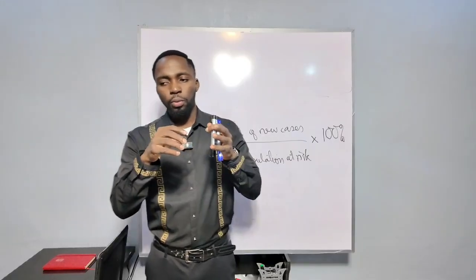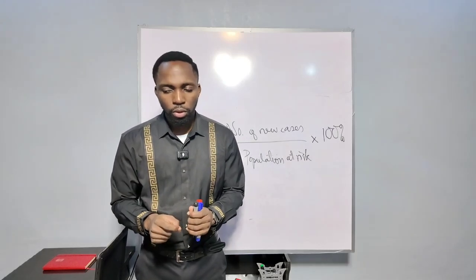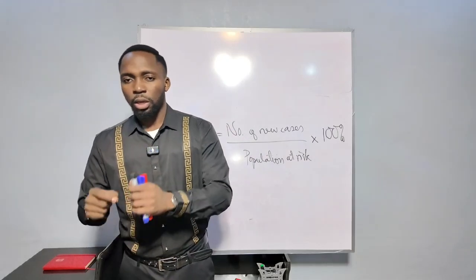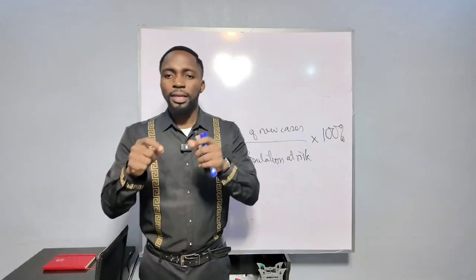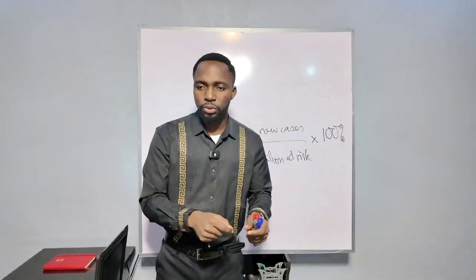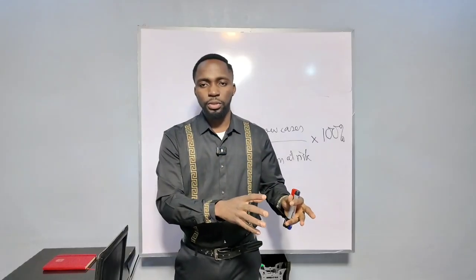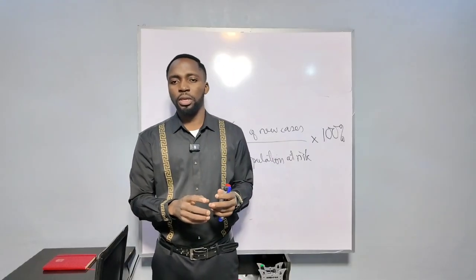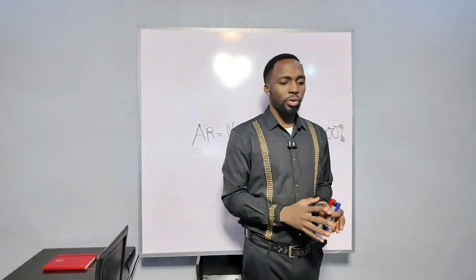So risk ratio is equal to incidence in exposed divided by incidence in unexposed. We are comparing the risks of disease in an exposed group versus a non-exposed group.